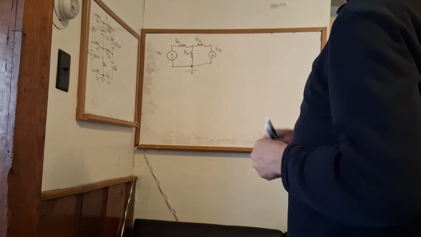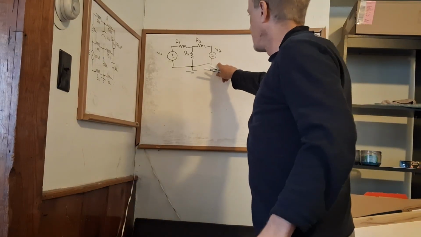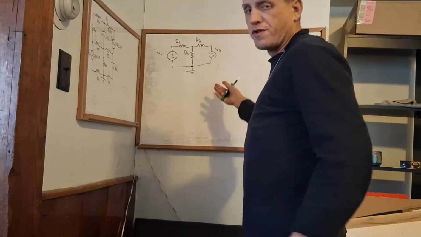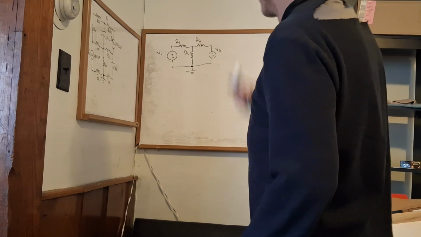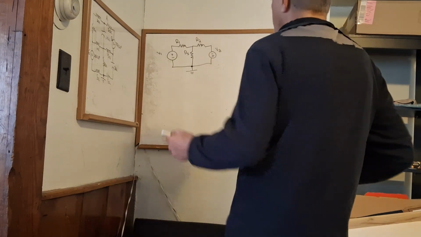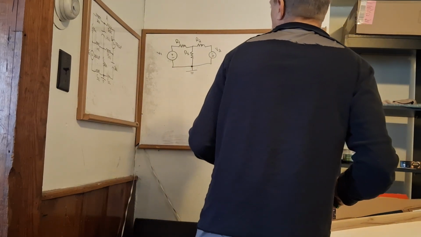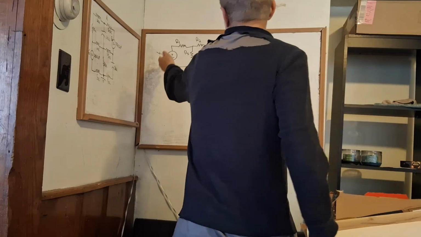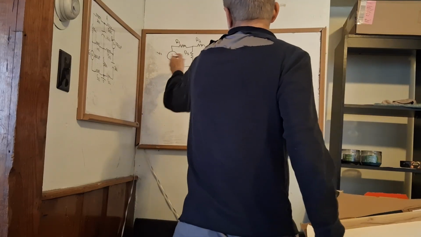And in superposition, DC voltage sources get shorted, and current sources get opened. So let's solve for V. Let's use the V1 circuit first, the V1 source.